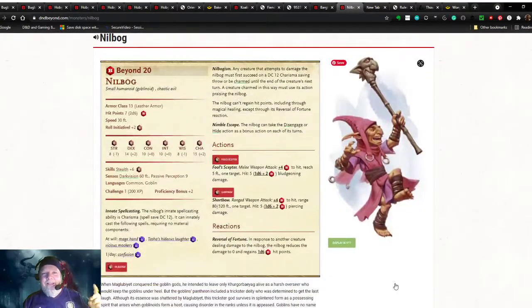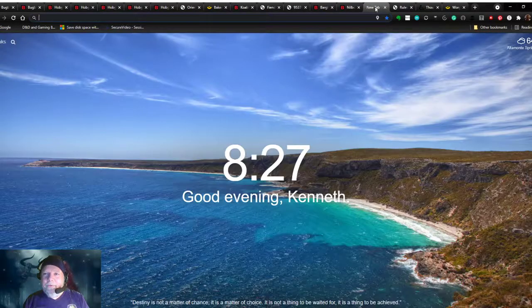So that is another kind of really strange variant of a goblinoid.